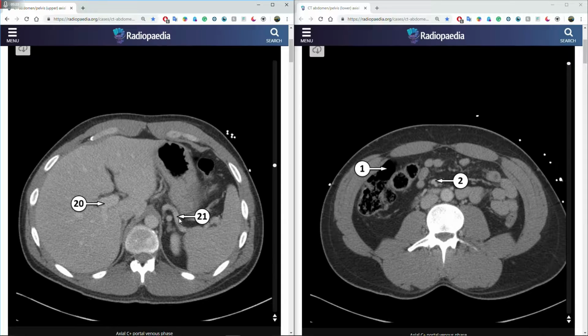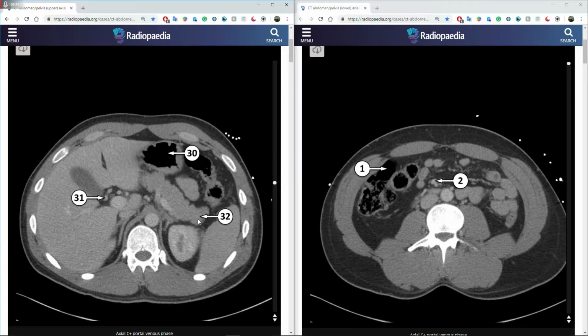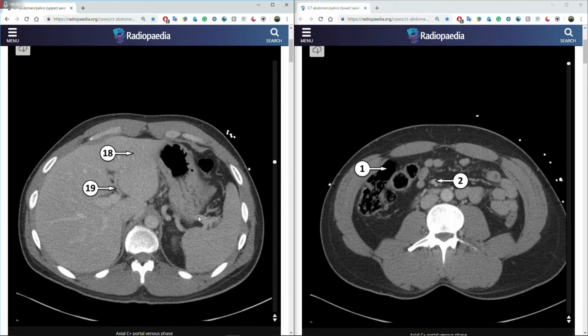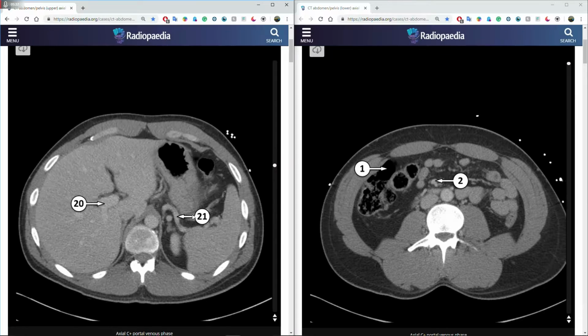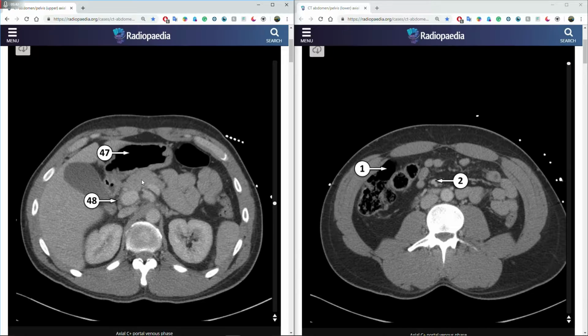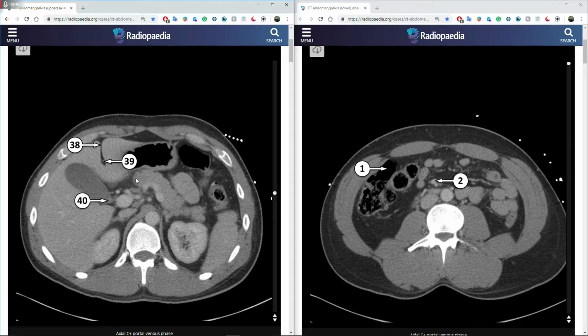We can see here the spleen and the splenic artery and the splenic vein. If we look here, as we go inferiorly, we can see the tail of the pancreas, the body and the neck.